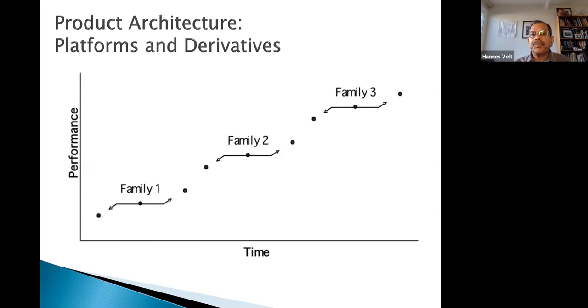One is that because the investment is so high, you want to invest in a platform as high performance as your budgets will allow. But having done that, you do want to try to tweak the performance so that you cover the white space in between the two families. You can see these black dots.